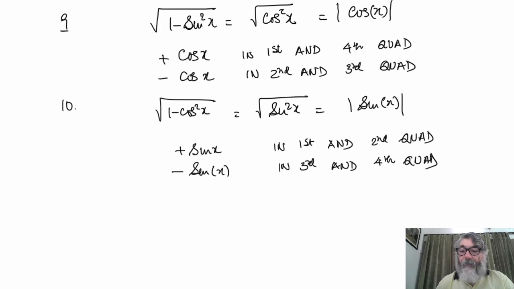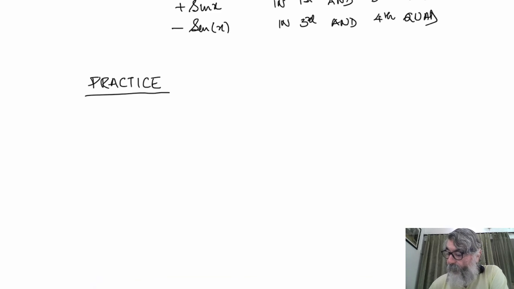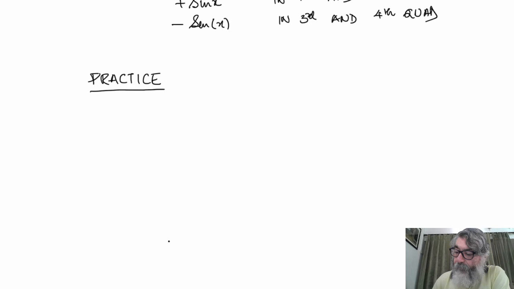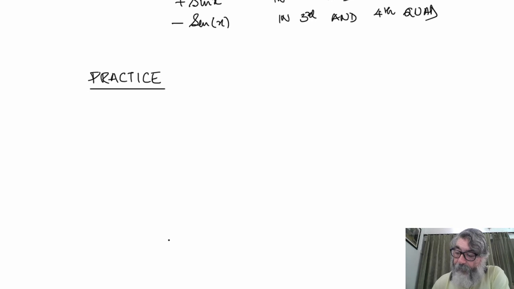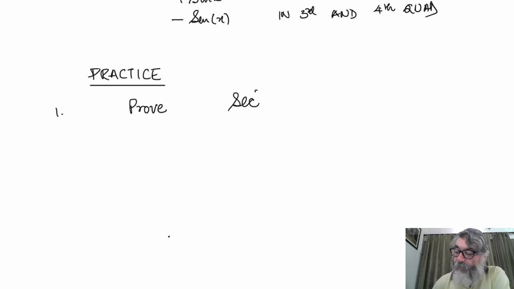Let's do some practice work on this. The question is, number 1, prove sec square theta minus 1 upon tan square theta is equal to 1.